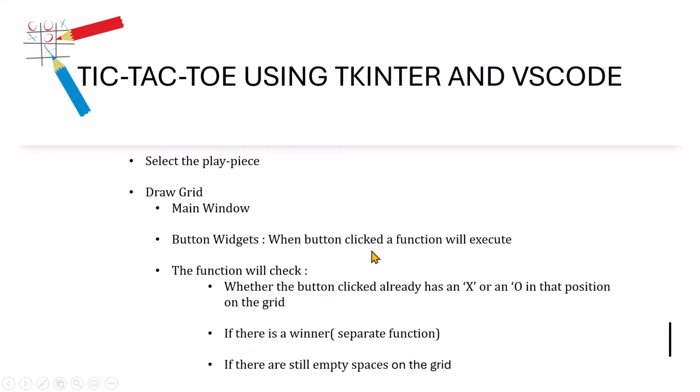That will be a common function for all buttons, and that function will check whether the button clicked already has an X or an O in that position on the grid.